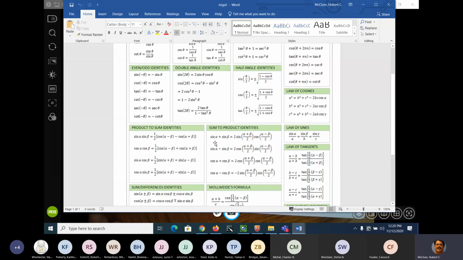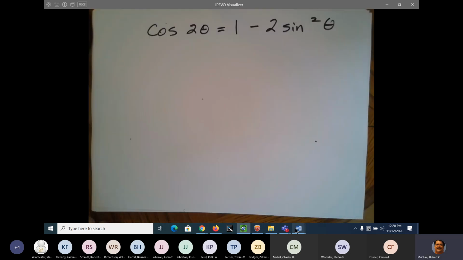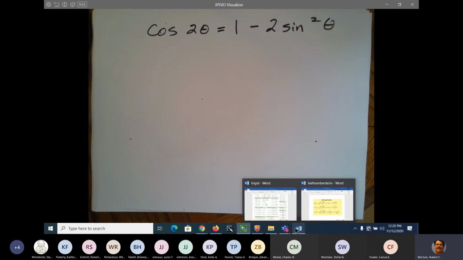Now, I'm going to take this on the next page. Cosine of 2 theta is equal to 1 minus 2 sine squared theta, and I solve for the sine squared.